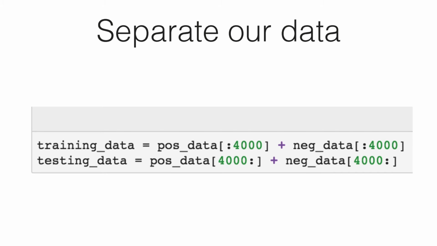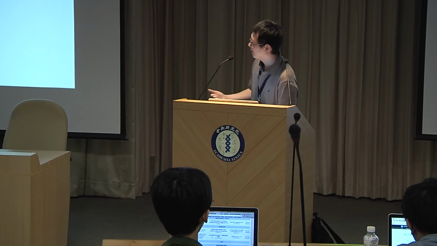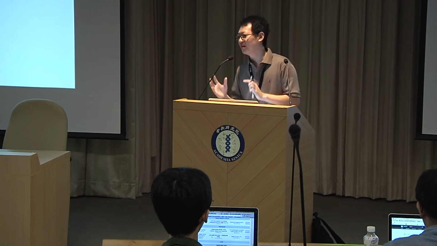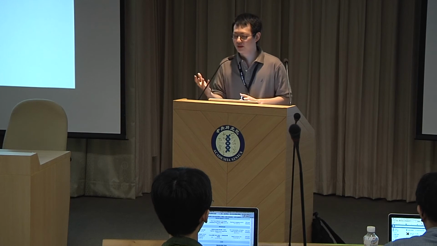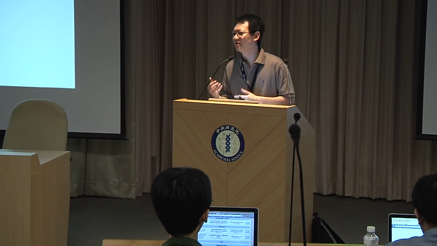The first 4,000 positive reviews and first 4,000 negative reviews, we added into the training data. And the last 1,000 reviews from the positive one and the last 1,000 reviews from the negative part, we added into the testing part. So you can use the training data to train your model and use the testing data to confirm whether your model is good enough.